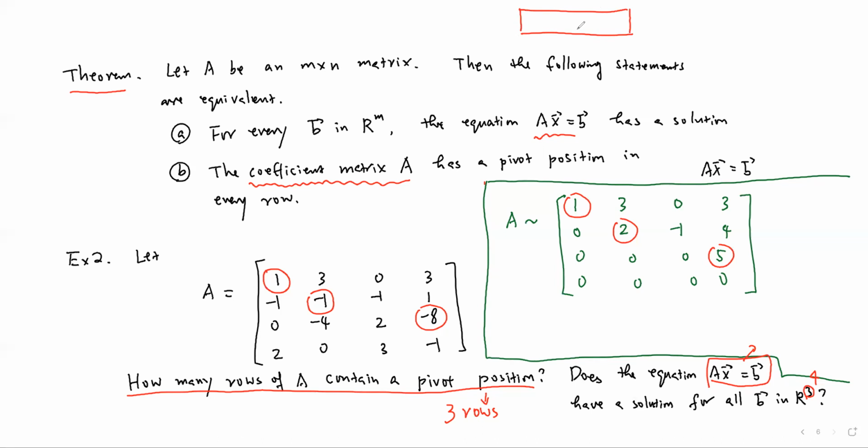We require only that each row contains a pivot position. Then the linear system has a solution for arbitrary B. We don't require all columns to contain pivot positions.